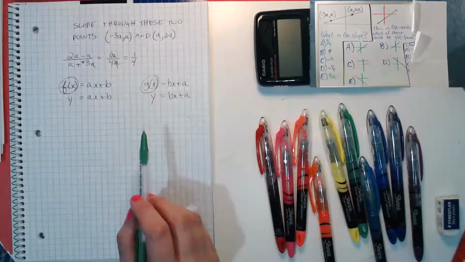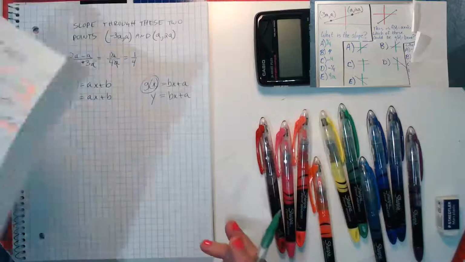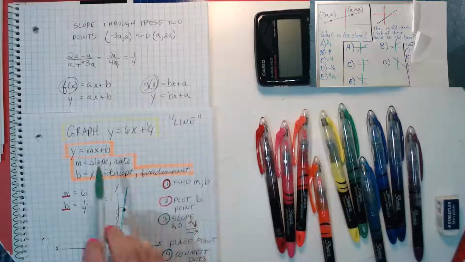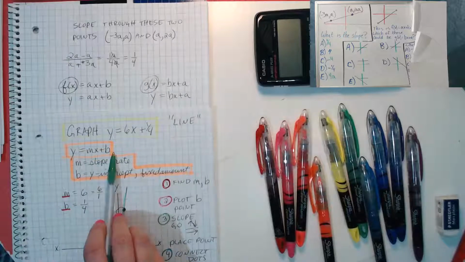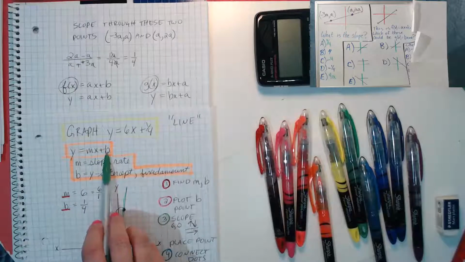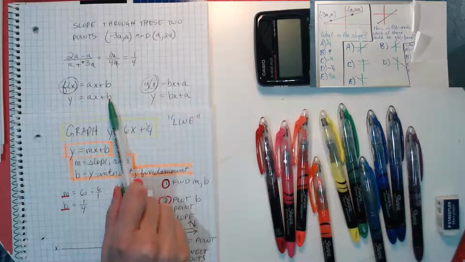This is a problem where they're trying to confuse you because you've been given mx plus b, right? So this is what you're memorizing. y equals mx plus b. They're trying to confuse you a little bit because they're throwing a b in the problem. Okay, they're putting a b in there.